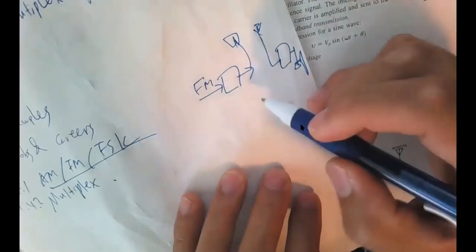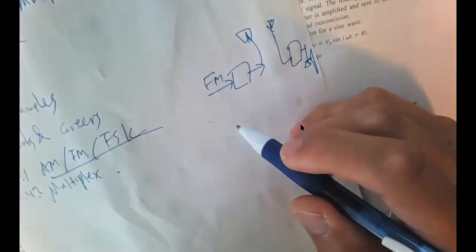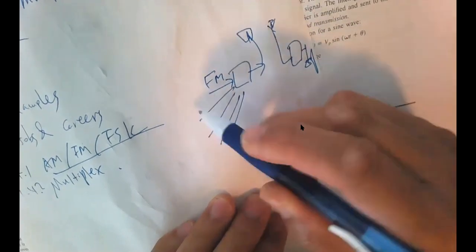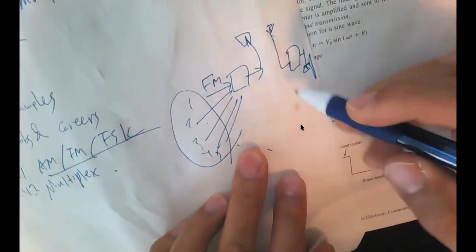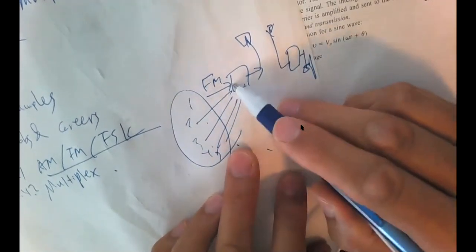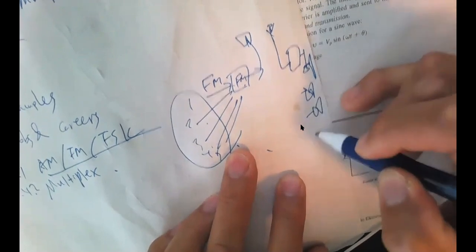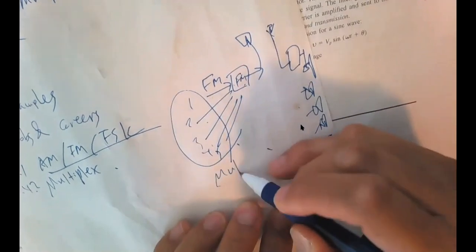That is one signal. What if you have multiple signals, 1, 2, 3, 4, 5 signals, and you want to send them out through this transmitter, and at the receiver you have 5 different speakers? This is called multiplex, MUX.